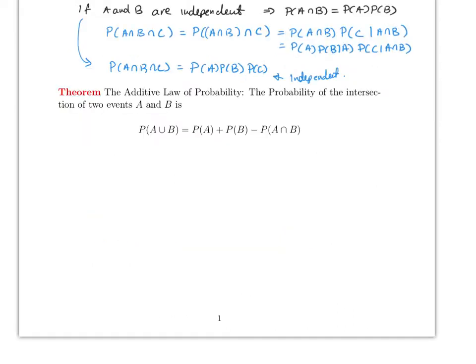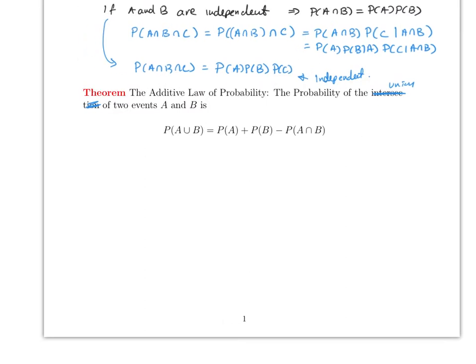Now the second theorem is called the additive law of probability, or the addition rule of probability. That says that the probability of the union of two events, A and B, is equal to this. We talked about this before.